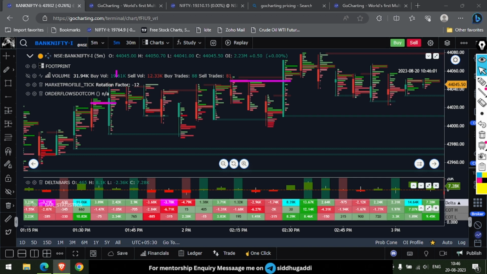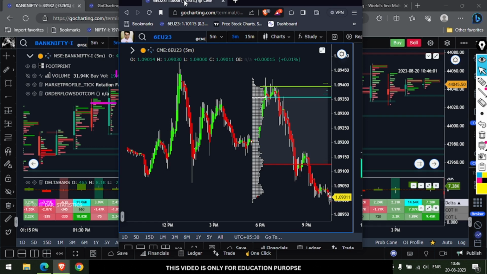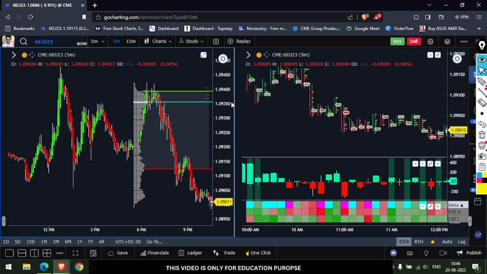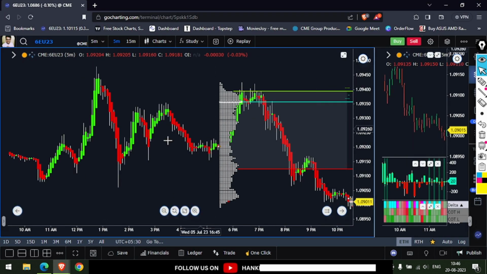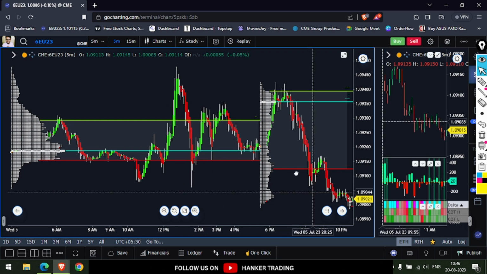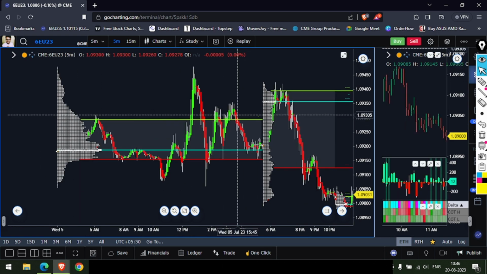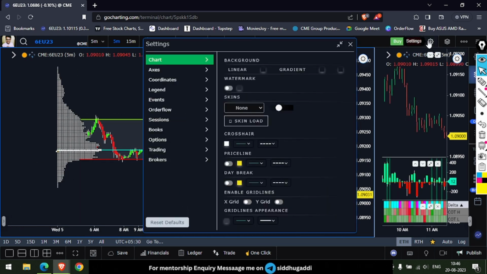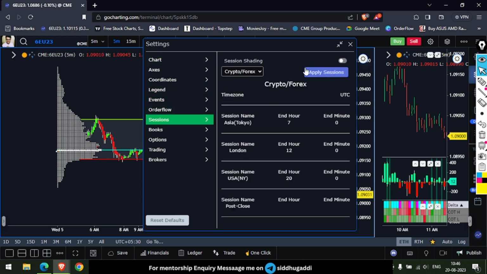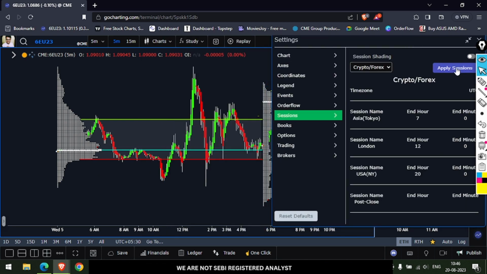I have also shown you guys previously. Right now this is another package, just give me a sec, it is loading. Yeah, this is the CME package for forex data. Right now you can see this is the entire one-day market profile. When I convert it into sessions, it is going to change. Just give me a sec.